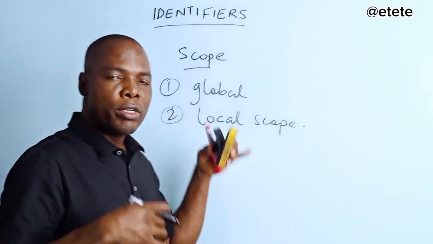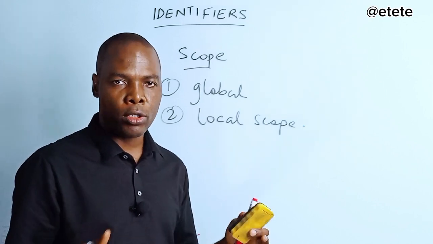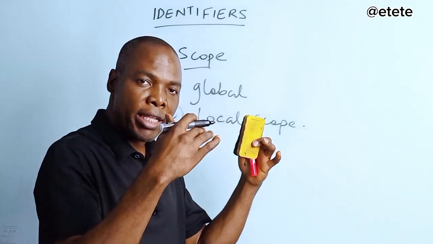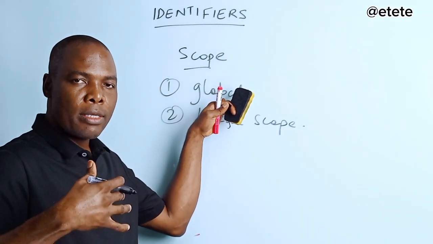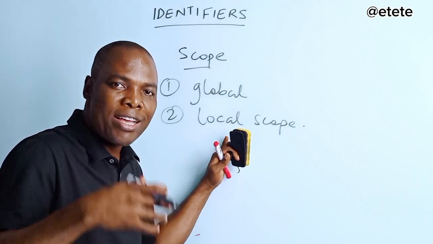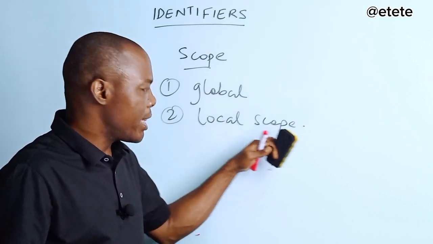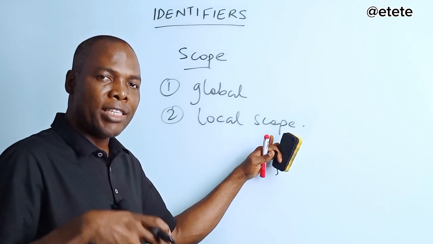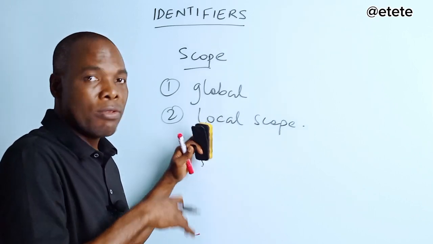Now, when you create an identifier before the definition of any function, so the identifier is outside, before you define any function, that is global. So it means everybody can use it. But when you define an identifier inside a function, then that is a local identifier. That is local to that function, right? So you have to be very careful with that.